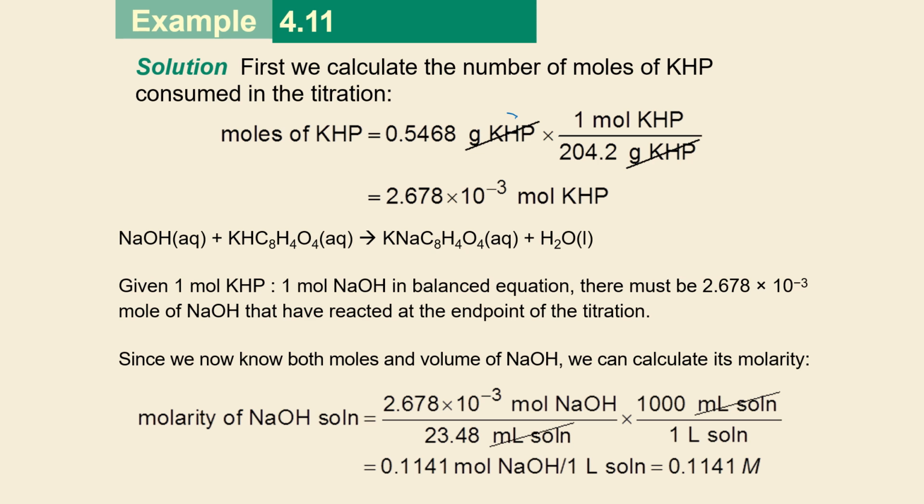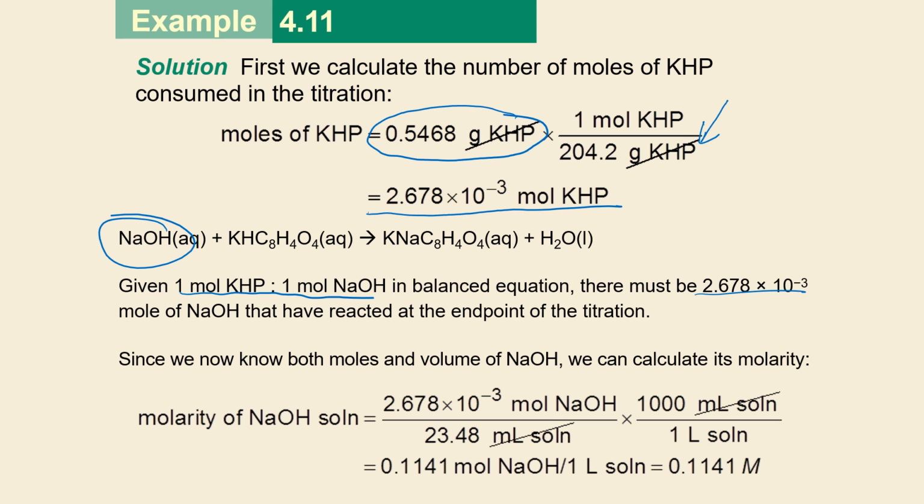Let's look at the calculation. So 0.5468 grams of KHP. A crucial piece of information that we need is the molar mass of KHP, and that will give us how many moles of KHP were required to neutralize the NaOH in our experiment. So basically we can say, given this ratio, we must have consumed 2.678 times 10 to the minus third moles of NaOH.